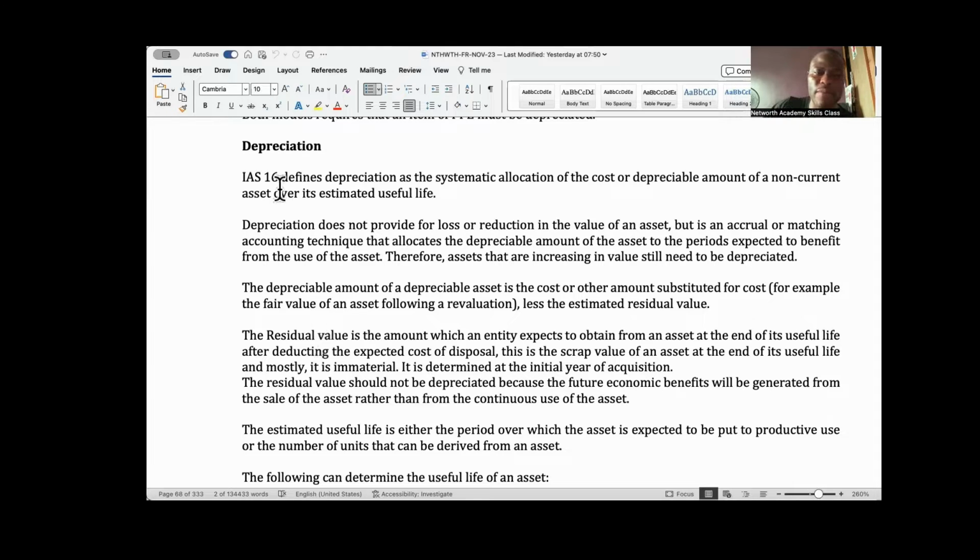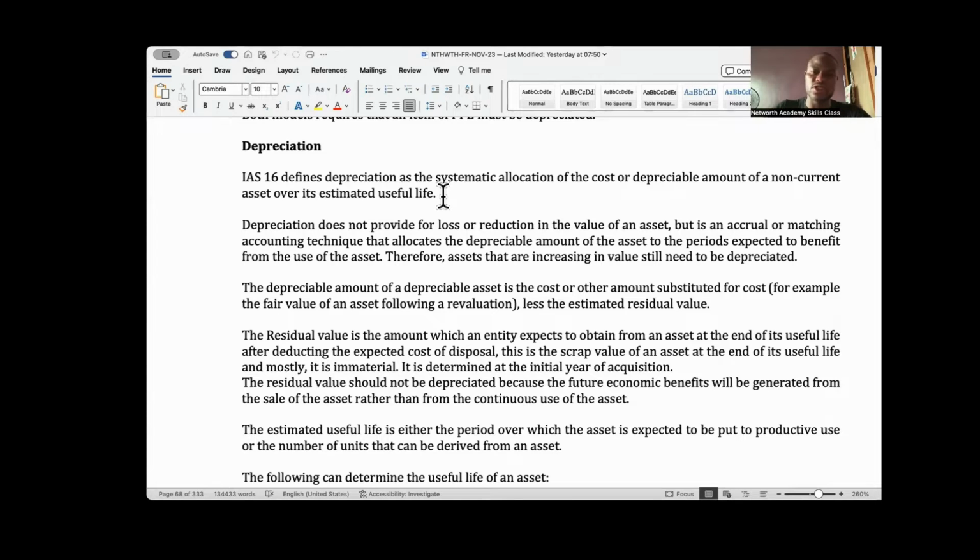And from there, we looked at the definition of depreciation from IAS 16, which says that it is the systematic allocation of the cost or depreciable amount of a non-current asset over its estimated useful life.